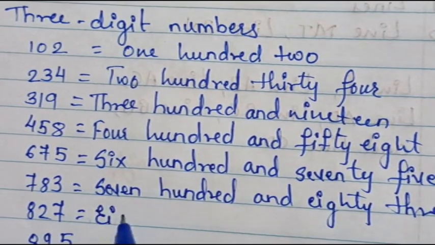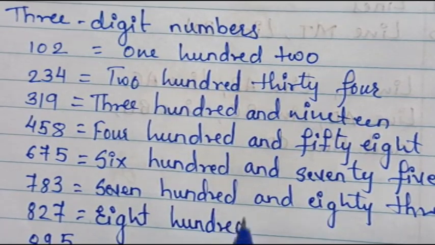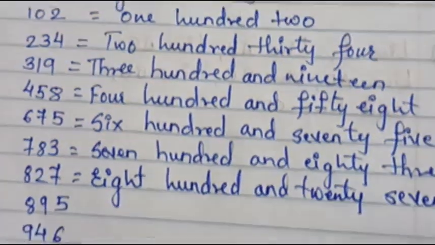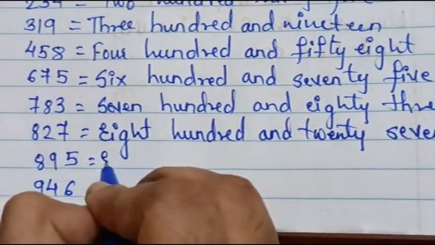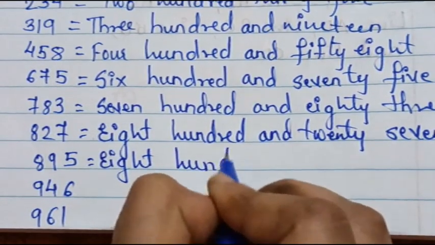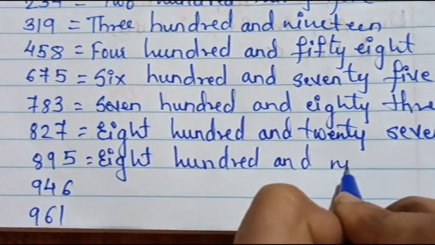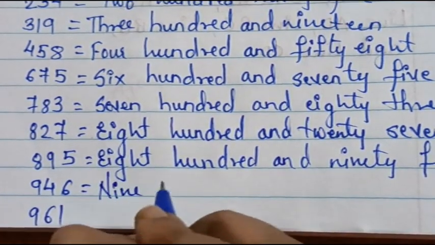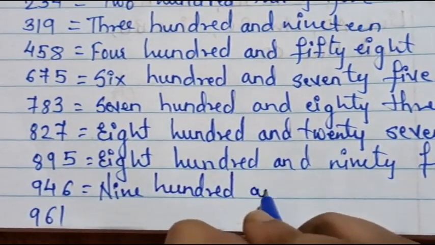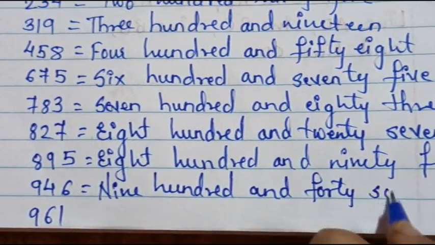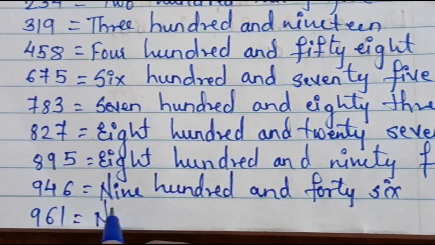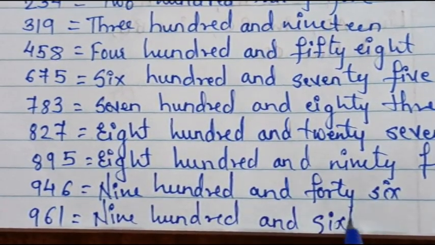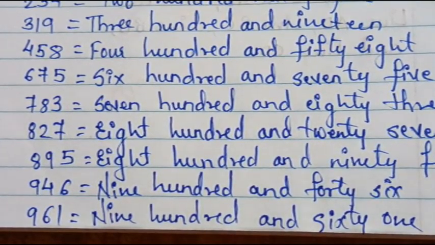Next is 800, then 827, 895, 946, and the last one is 961. Clear everybody? So this is how you are supposed to write the 3-digit numbers.